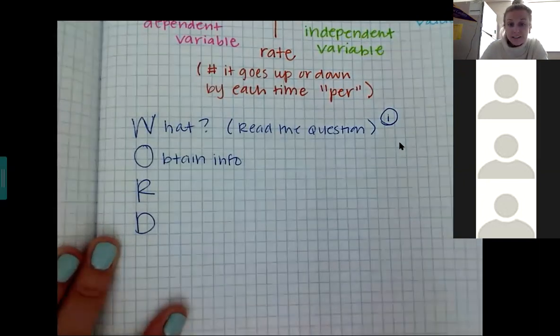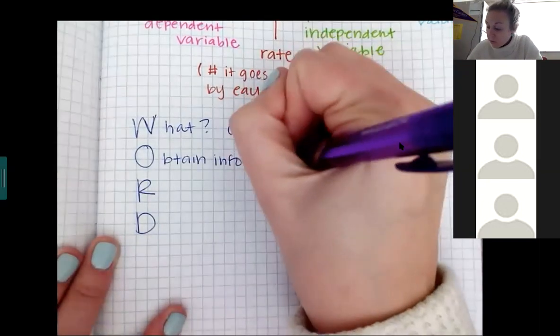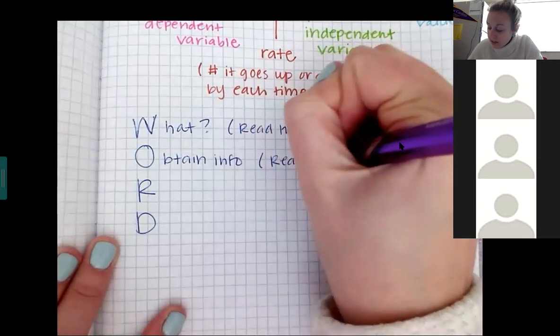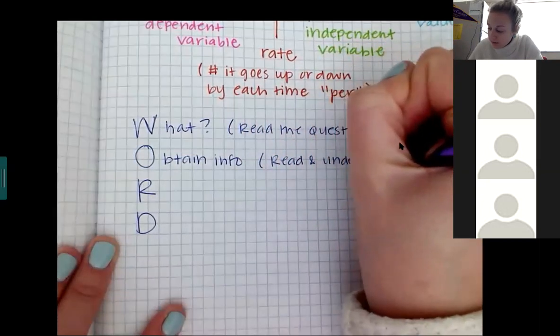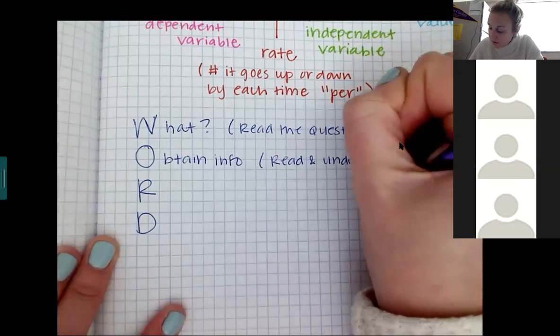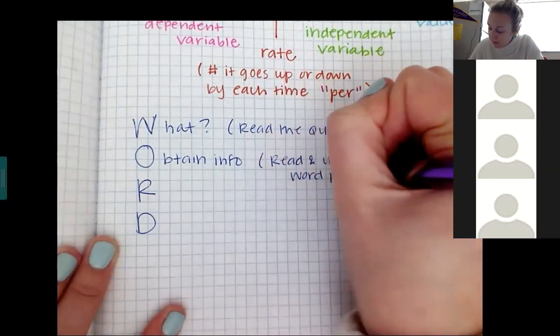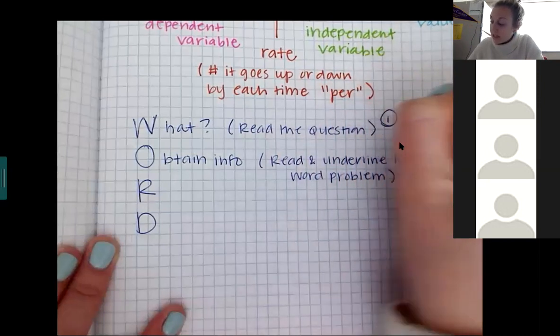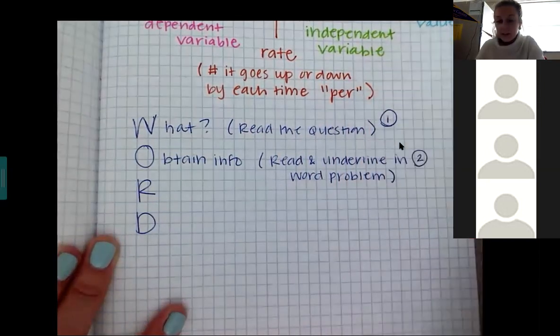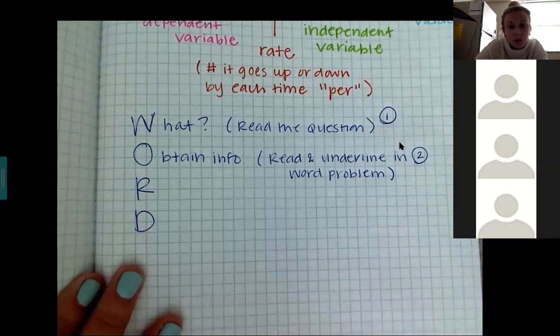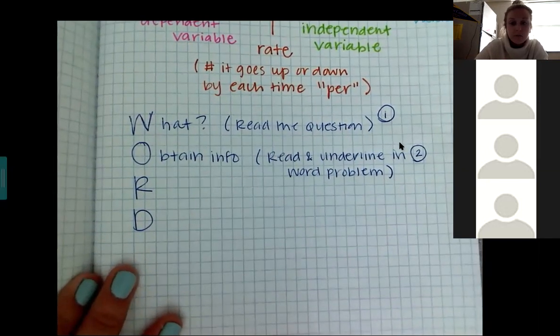So this is where you're going to read and underline the keywords in the word problem. This is your key info. I think that's what they taught y'all in middle school. You can underline, highlight, circle. I'm fine with any of those options.